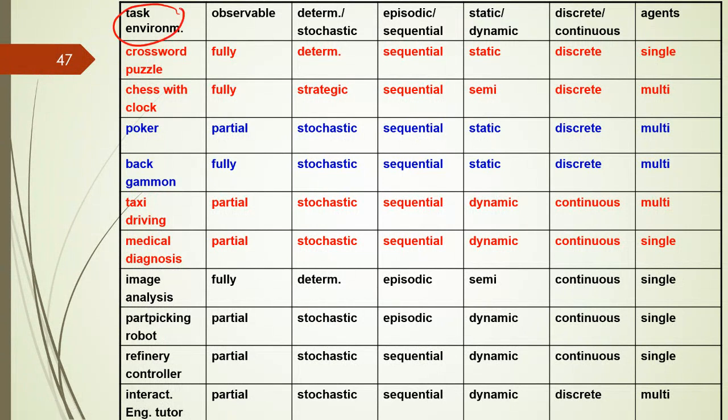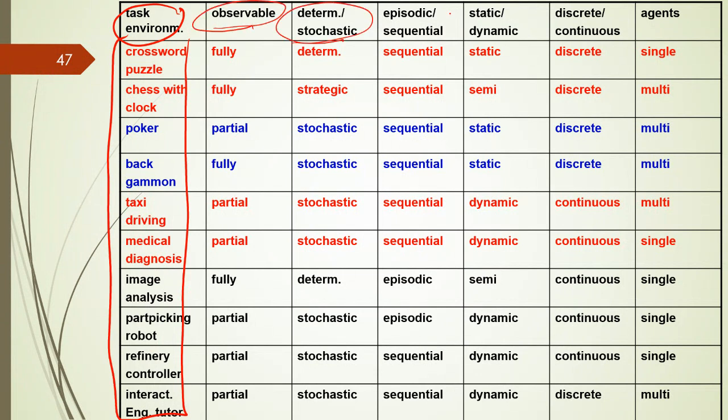So tasks. The first column gives me the task: for example, crossword puzzle, chess, poker, backgammon, taxi driving, medical diagnosis. It says whether the environment is observable, deterministic, non-deterministic, episodic, static, discrete, and how many agents, multi-agent or single agent.